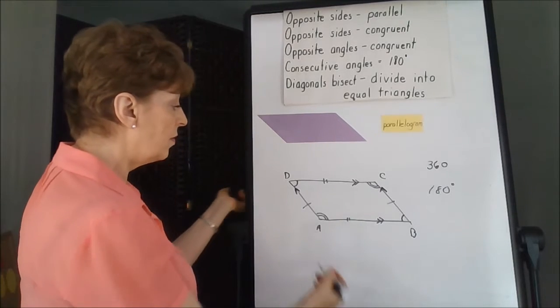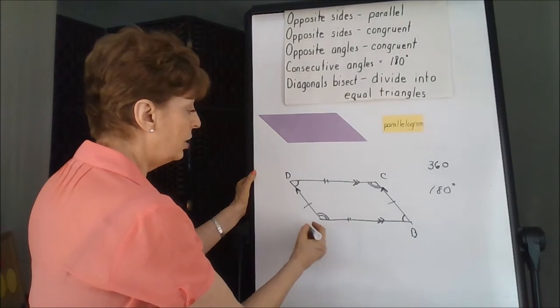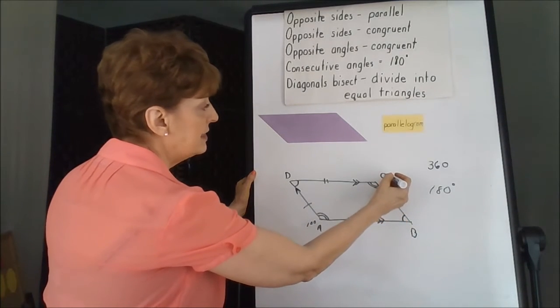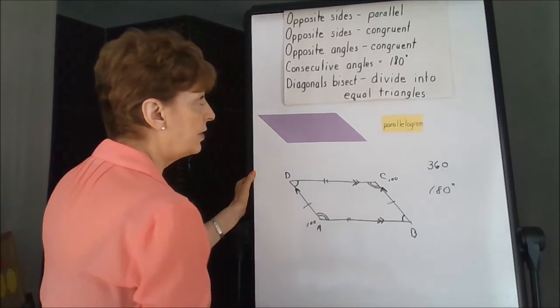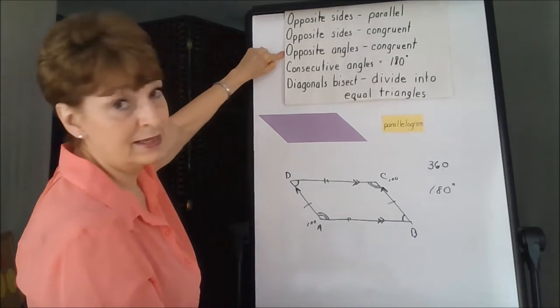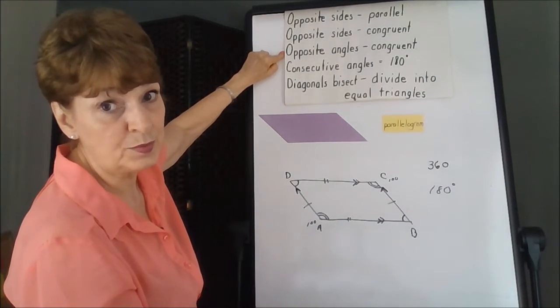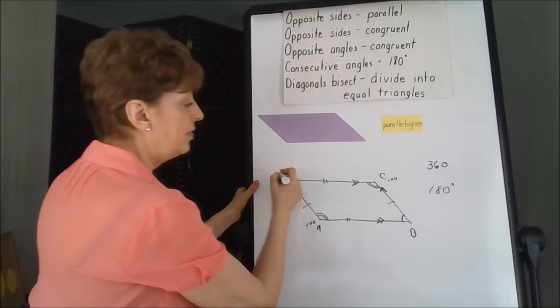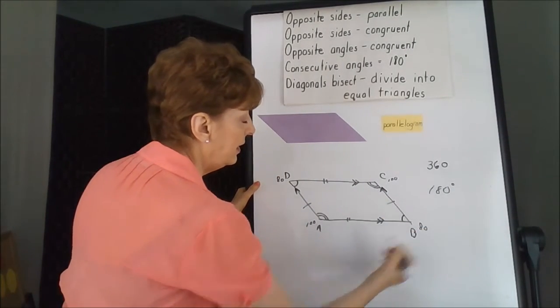So if our angles measured 100 for A, then C would also have to be 100 because they said before that the opposite angles were congruent. If D measured 80, then B would have to measure 80.